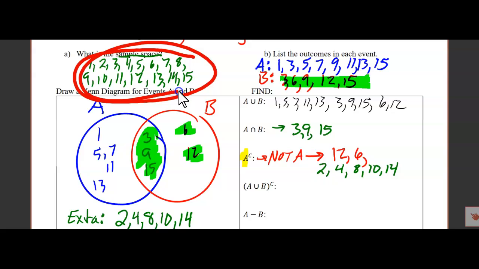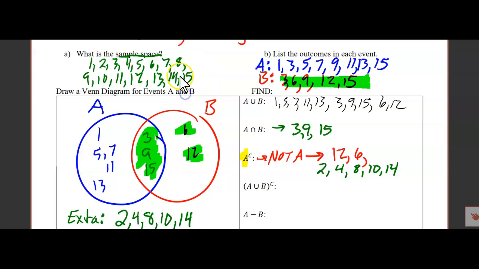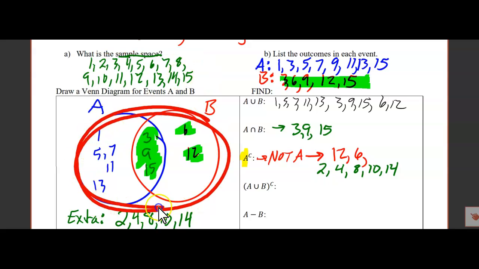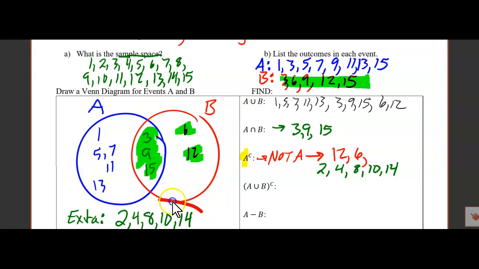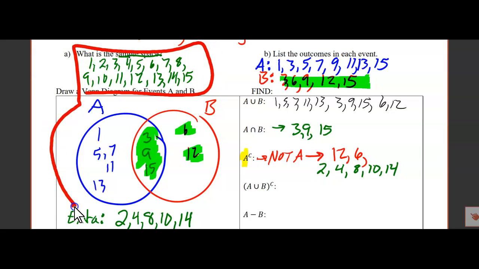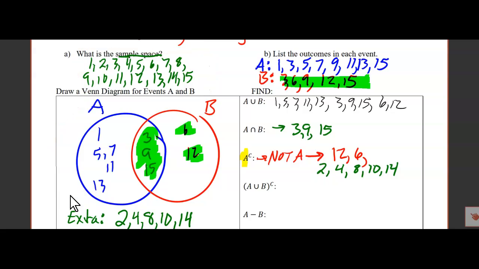What numbers am I choosing from? These are the possible numbers, 1 to 15. These were chosen. Does that make sense? These were not chosen, but they were there to be chosen from. So if there's extras, they need to go out and say, okay, there were some extra numbers that didn't fit either condition.